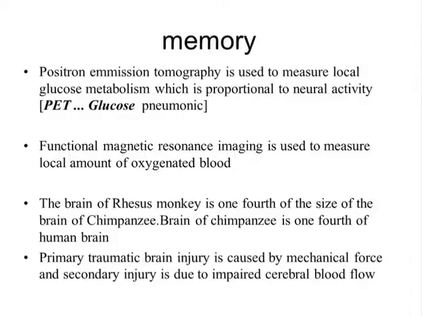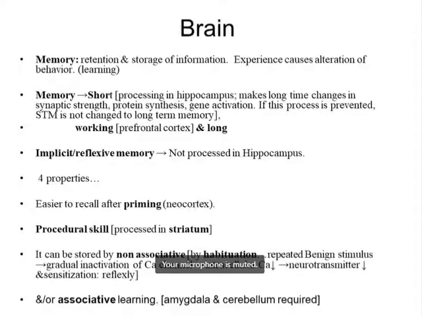Now, as I told, what memory is: it is the retention and storage of information. Retention and storage. An experience causing alteration in behavior, that is learning. Say, for example, a small boy or girl does not know that he or she has to put on clothes.